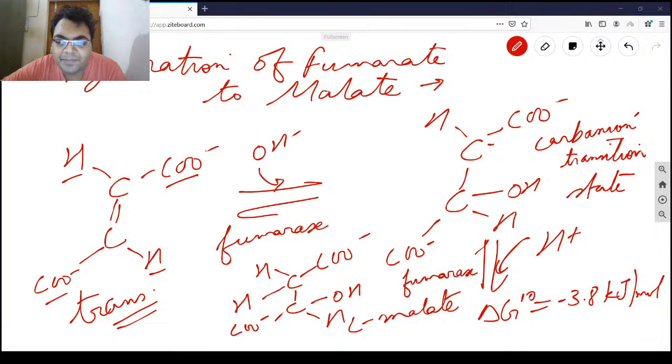Now the next step is the oxidation of malate, which has been produced from fumarate. Malate is converted to oxaloacetate.